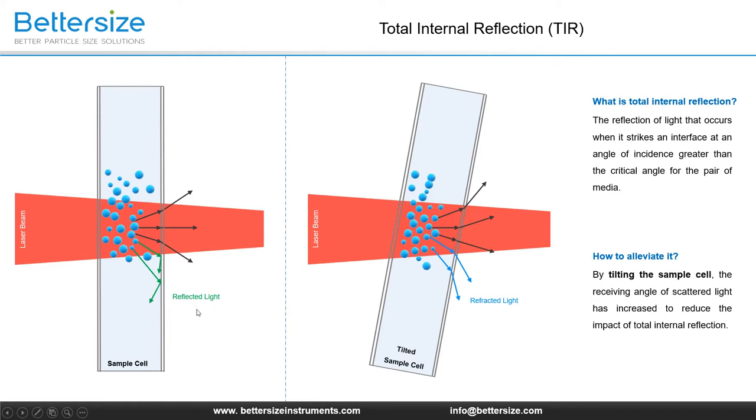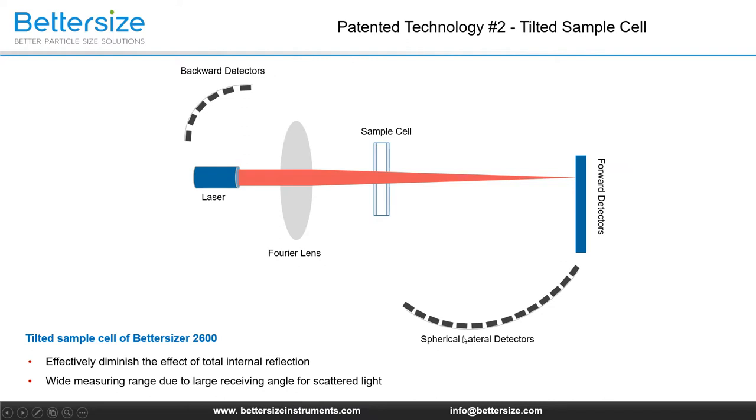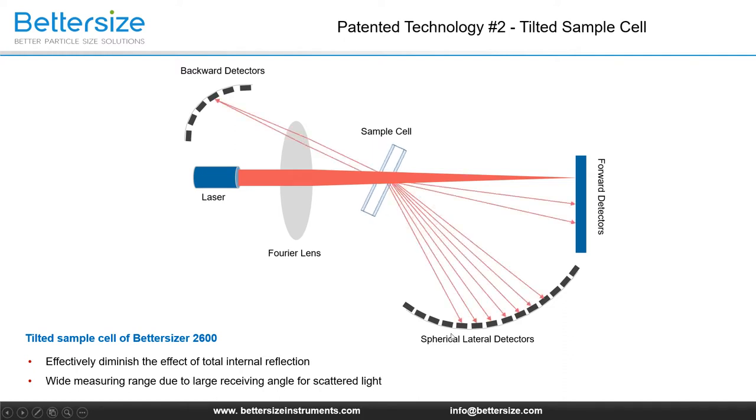Is there any approach to alleviate TIR? Yes, tilt the sample cell. By tilting the sample cell, there is less reflection and more refraction, as shown in the left figure. So, the Bettersizer 2600 puts the sample cell at a specific tilted angle to reduce the impact of TIR and increase the receiving angle of scattered light.